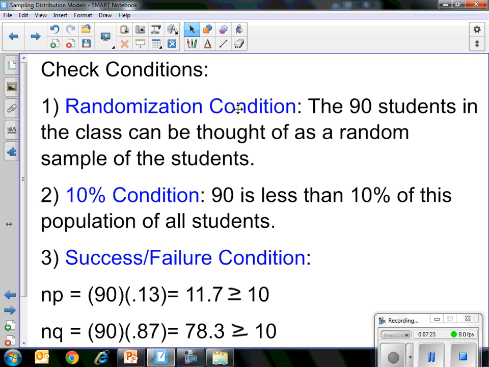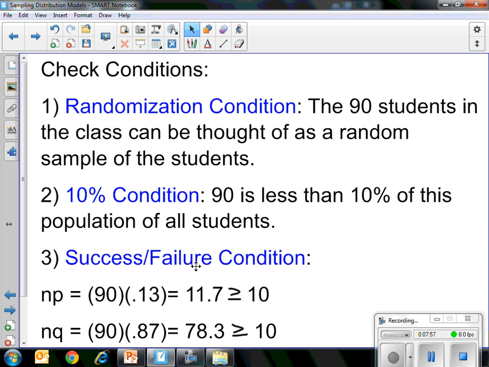In the randomization condition, there are 90 students in the class, and they can be thought of as a random sample of the students. So the students sitting in the class are randomly sampled, and we can assume that. The 10% condition: 90 is less than 10% of all the population of students. And that is an assumption, again, that we can use of the school.